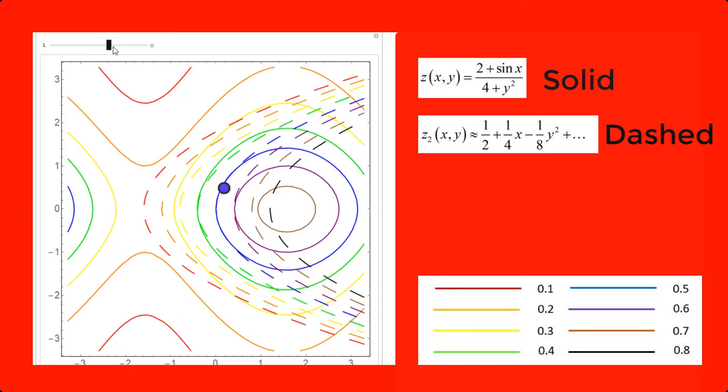But we do see that near the origin, those parabolae do approximate the function really quite well. So it would seem the second order approximation does a good job of approximating the function near to the origin, but a significantly poorer job when we go further from the origin.